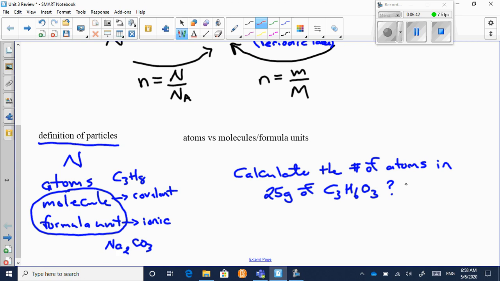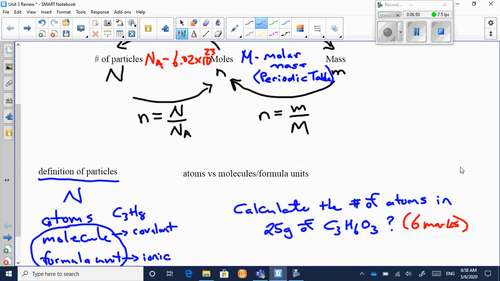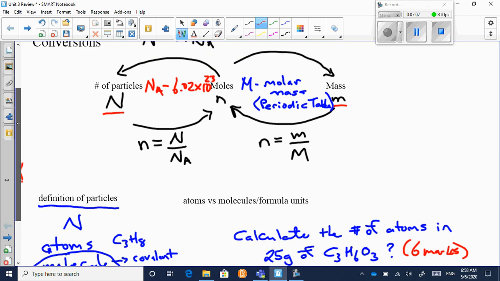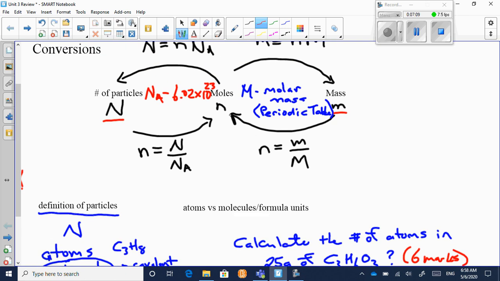That would be a 6-marker because there are actually a few different steps here. The reason that one's so involved is that you've been given the mass, so you're starting way over here at the mass, and you're going all the way over to calculate the number of particles. So you have to do 2 steps to get there. First we calculate the number of moles and then the number of particles.